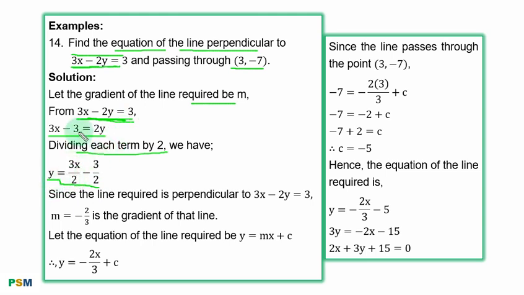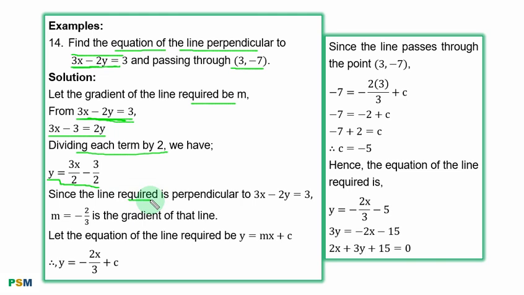Now, this line is perpendicular to the required line. So for the two lines, the product of their gradients is equal to minus 1. For that reason, you have this gradient, that is 3 over 2 times m2 equal to minus 1.